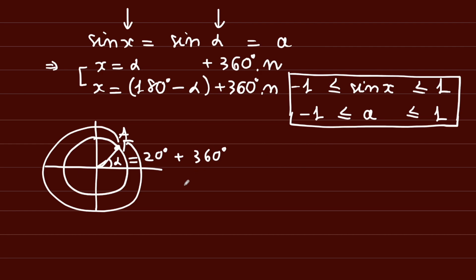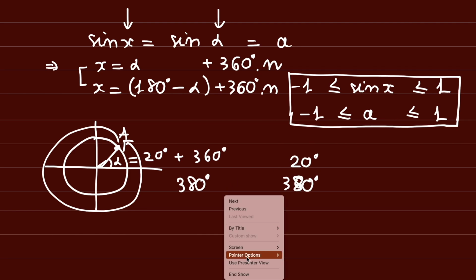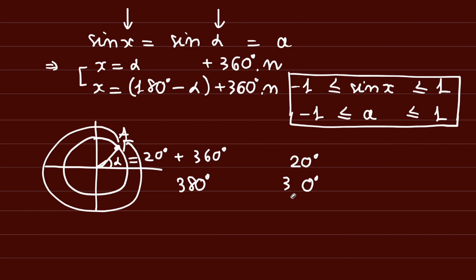And the new angle here is not 20 degrees anymore, it becomes 380 degrees. You can see the interesting thing here: the 20 degree and 380 degree angles have the same point. So that's why we need to add 360 degrees to represent the same point as the alpha angle.